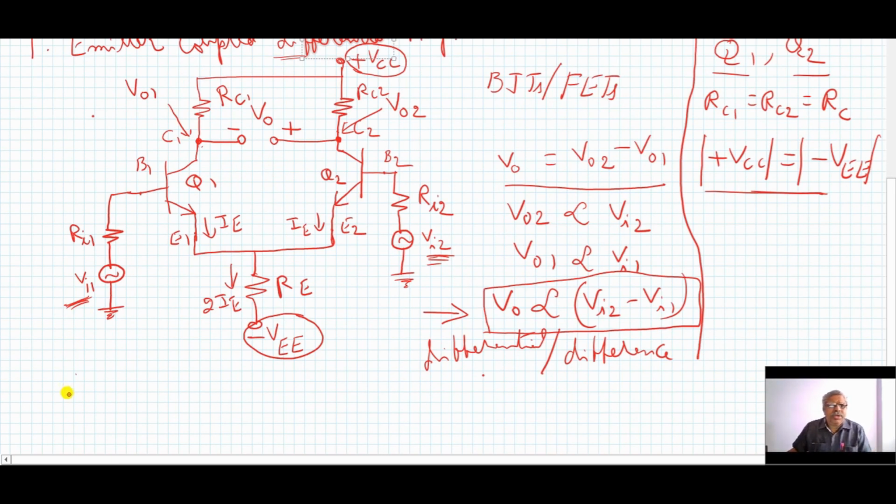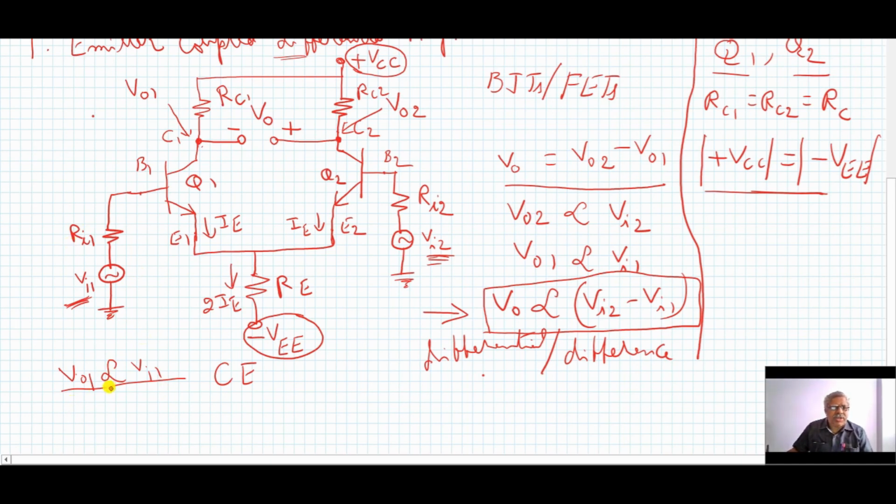Another point to be observed is, the output at collector 1, V01, is directly proportional to Vi1. Here both the transistors are operated in common emitter configuration. In common emitter configuration, we know that we get a phase difference of 180 degrees between the collector and base, between output and input.